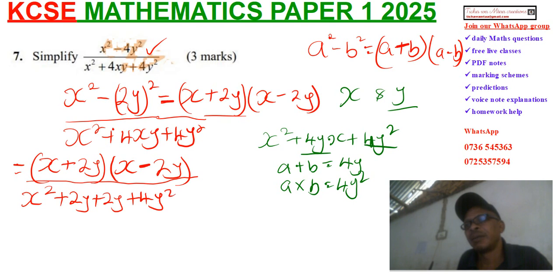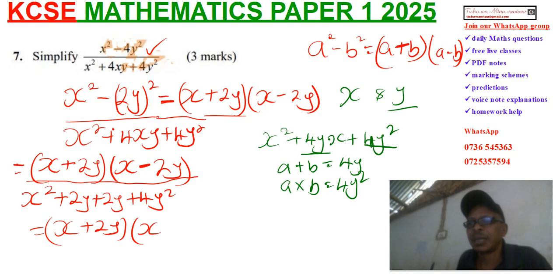So we can now factorize and say this is x plus 2y, then x minus 2y.